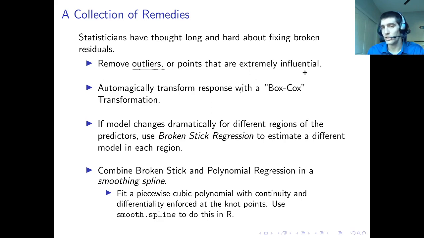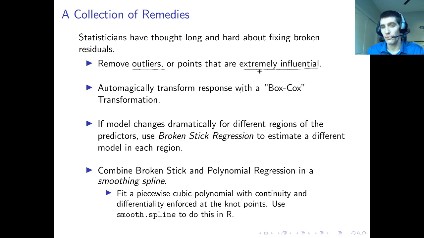Influential points are points which have an imbalanced impact, an overweighted impact, on the fit of your model. We'll talk about this in detail before this lecture ends. But influential points are points which have a higher impact on the fit of your model than other points.